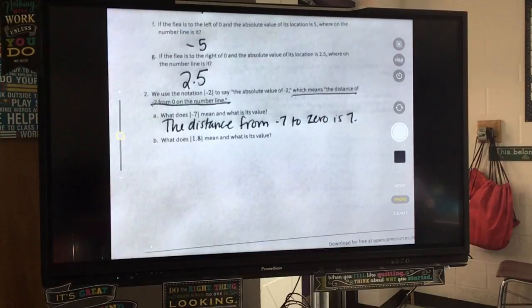Alright, again, what does the absolute value of 1 8/10 mean, and what is its value? So again, stand up when you have this written down.